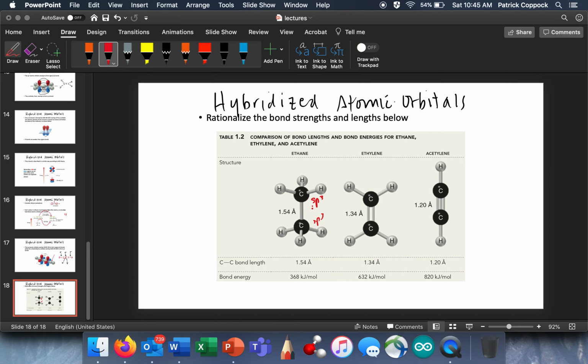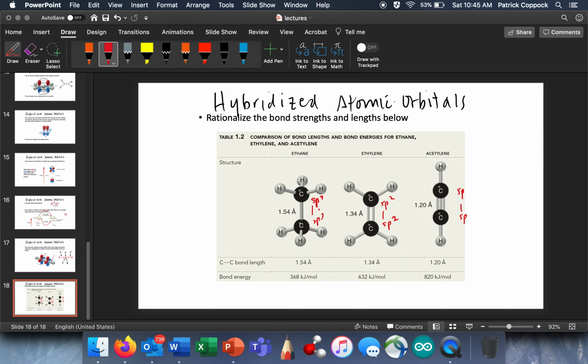And so that bond itself is made up of sp3. This bond is made up of sp2 hybridized atoms because each has three bonds to it. That's what that bond is. And this bond is made up of two atomic orbitals which were sp hybridized.